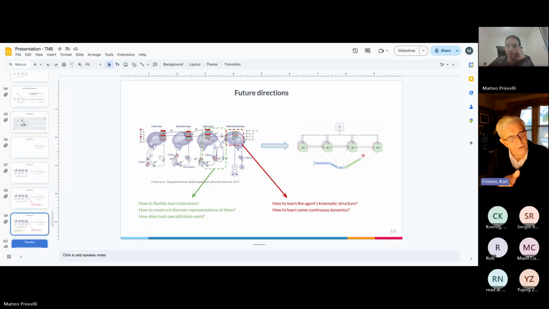It just involves 3 variational steps. The first one is the dynamic step, which you've already implemented. That's just the generalized filtering. That's just inverting a continuous state space model with Gaussian fluctuations on the observations and the states. That has some deep hierarchical structure. So you've already implemented that.